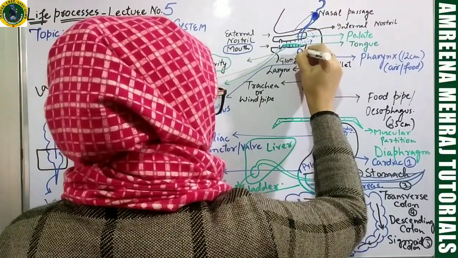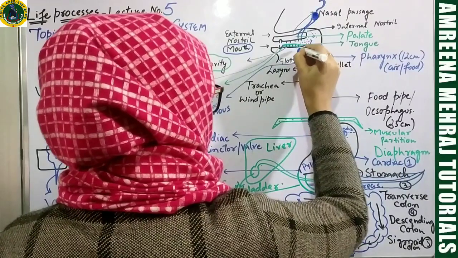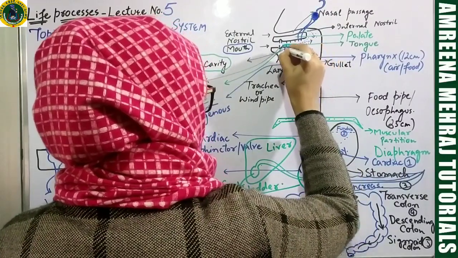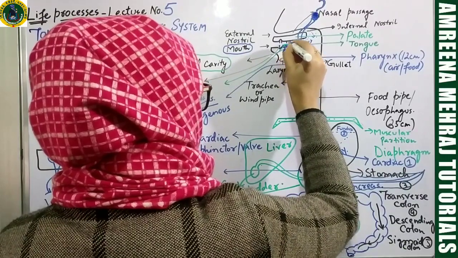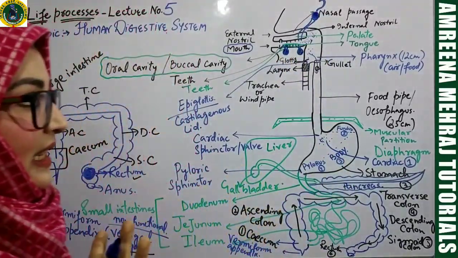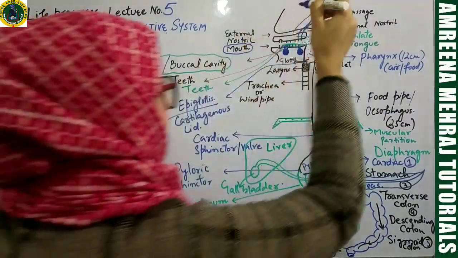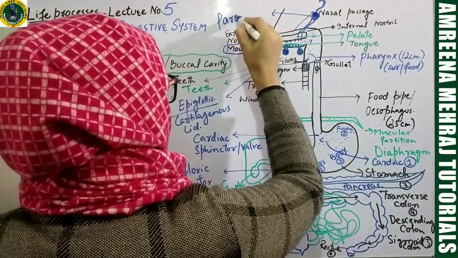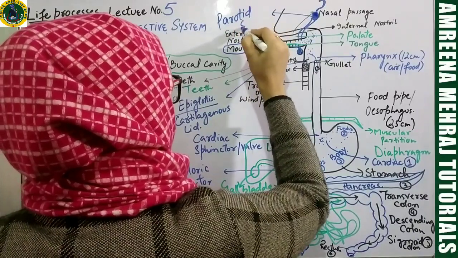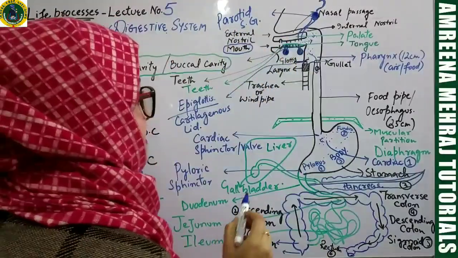At the end here you have another salivary gland. The duct comes here. And below the tongue you have another salivary gland, and its duct opens here. So you have 3 salivary glands. Let us label them. This is the parotid salivary gland.